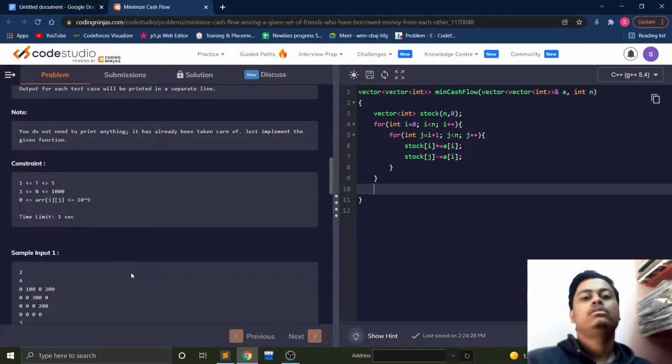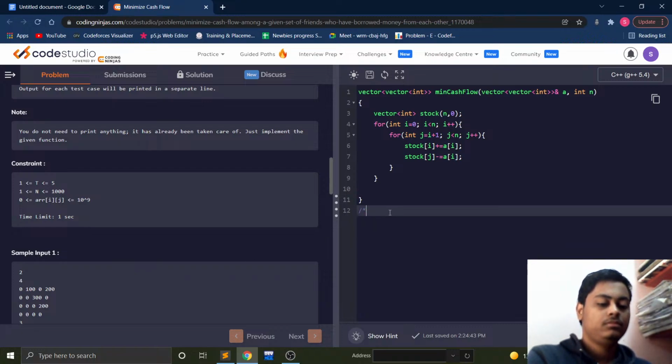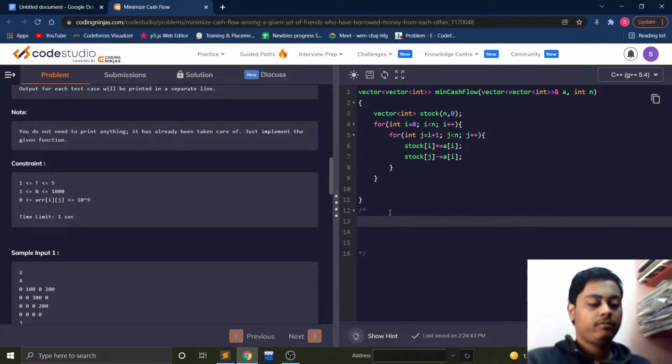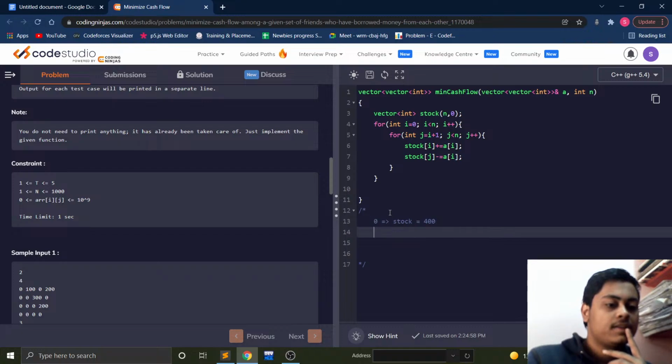Now if n is only 1000, we can greedily give one by one to each one. Like if I have person A, 0th, has a stock of 400, let's suppose. We can start with the first person.